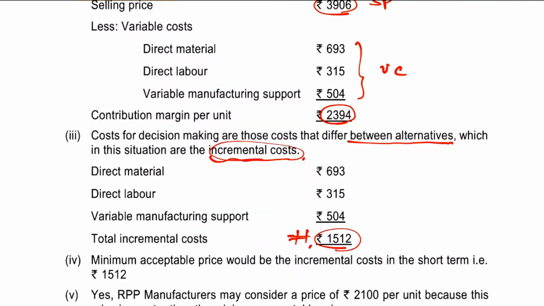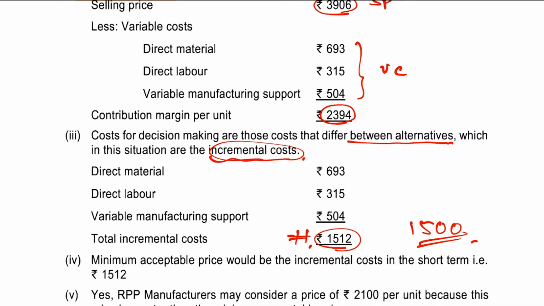Right? So the customer should pay you a minimum of 1512. At 1512 there is zero profit. He should pay you this or more than this. If he says he is going to pay you 1500, will you accept the offer? You will say no. My cost to manufacture is 1512, and if you pay me 1500, that doesn't make any sense.